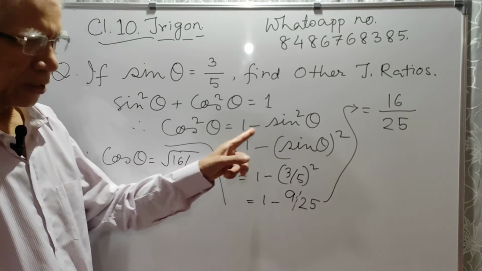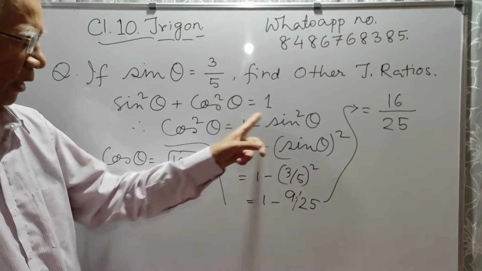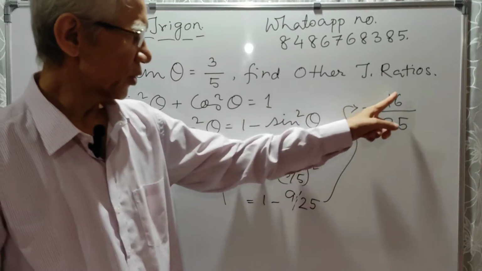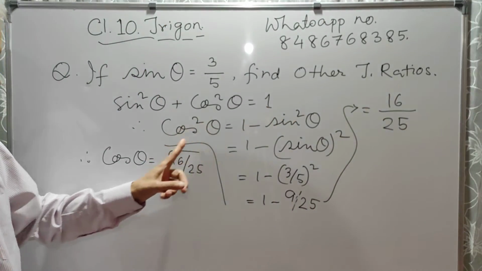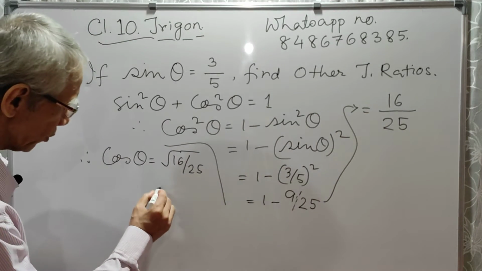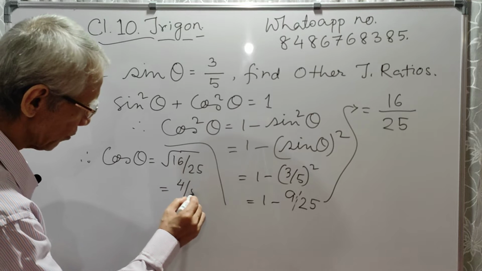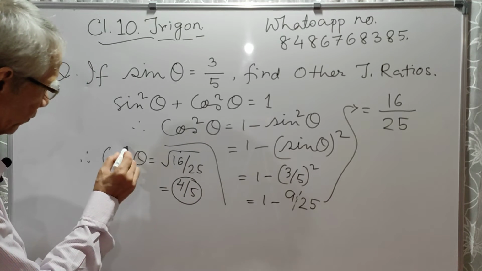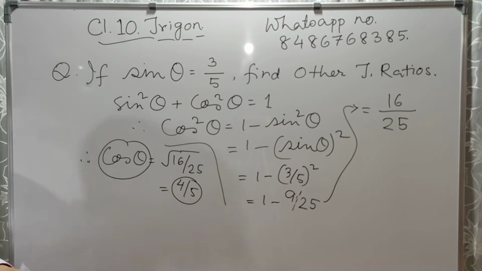So cos square theta we have found out by using the first formula and the derivation. So we got 16 by 25. Therefore, what will be cos theta only? Square root of 16 by 25. That means 4 by 5. So this is the value of cos theta.